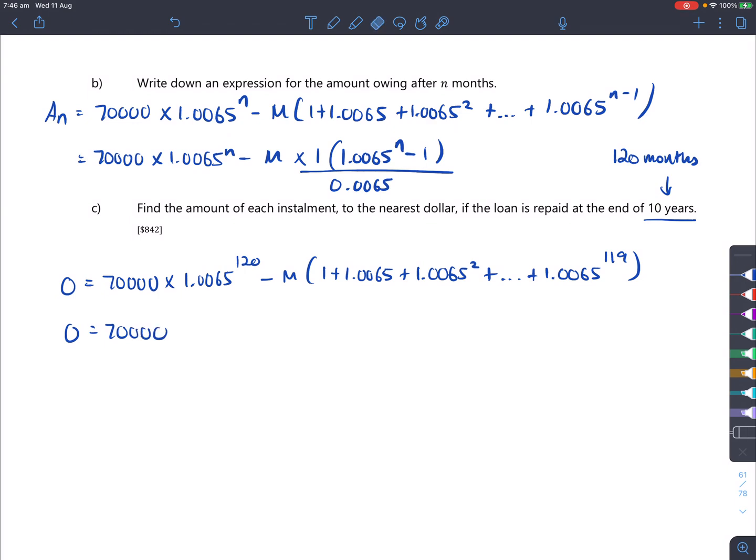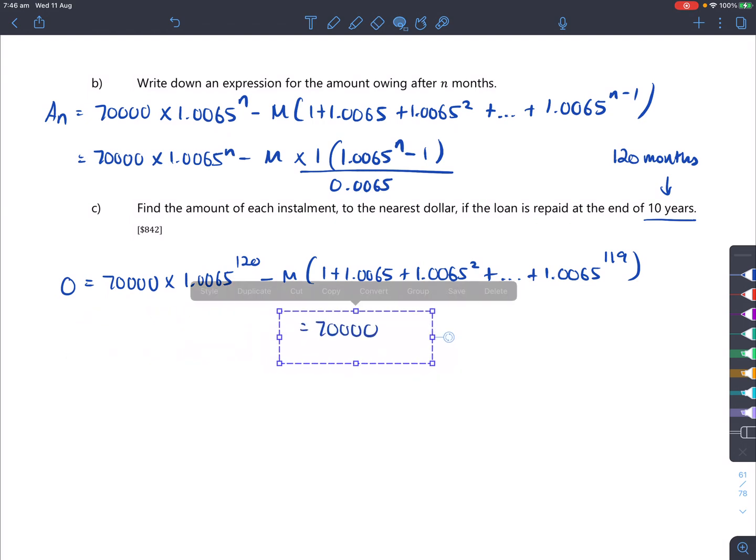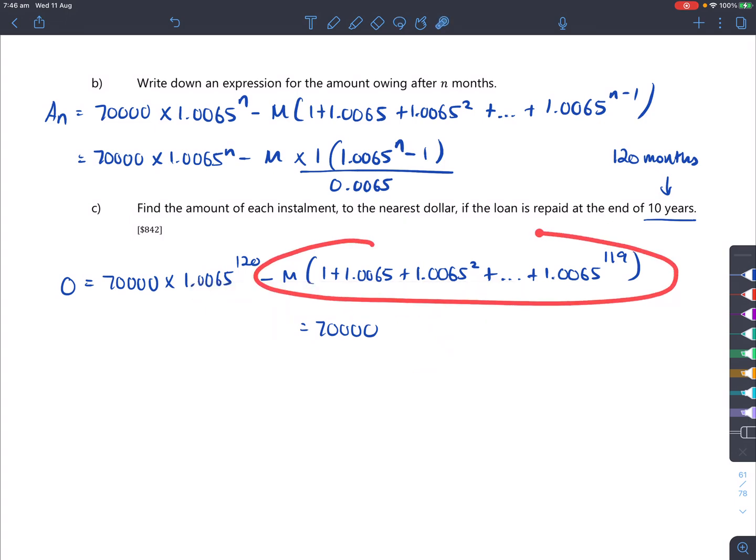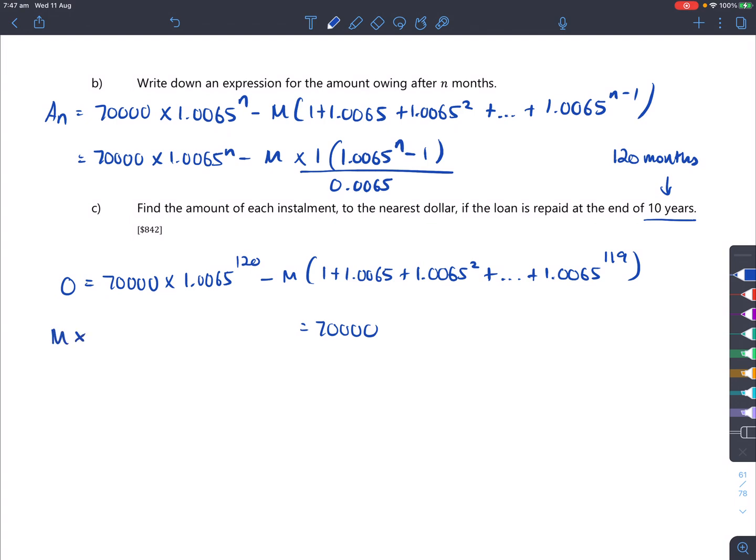what we can do is two things at once. We can actually bring all this to the other side and also apply the sum formula to a series. So that will be 1 bracket 1.0065 to the power of 120. There's 120 terms in here.